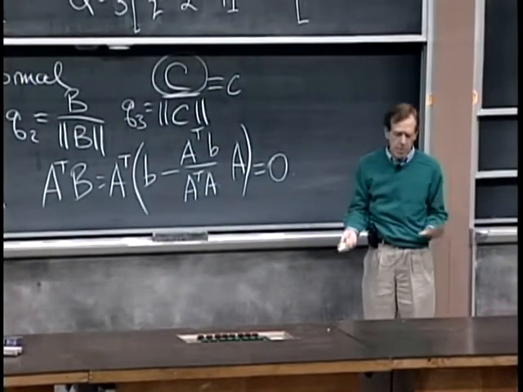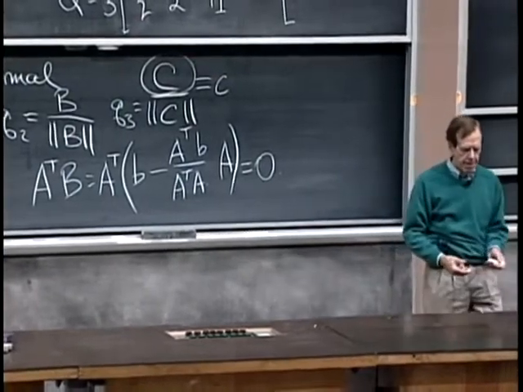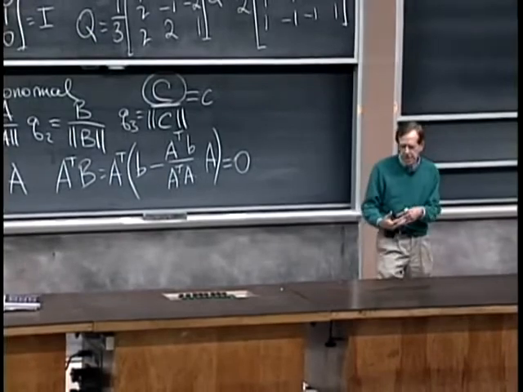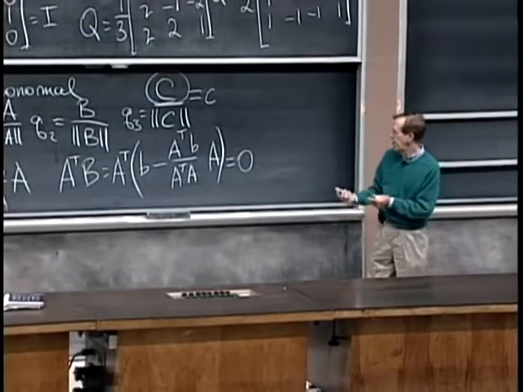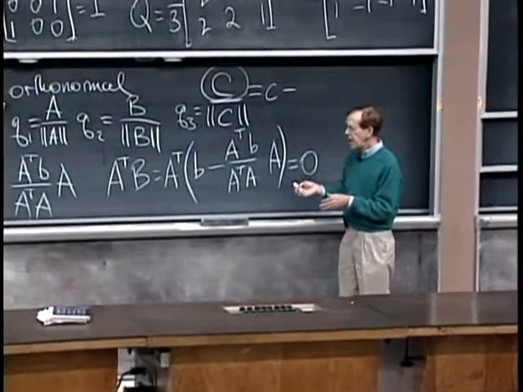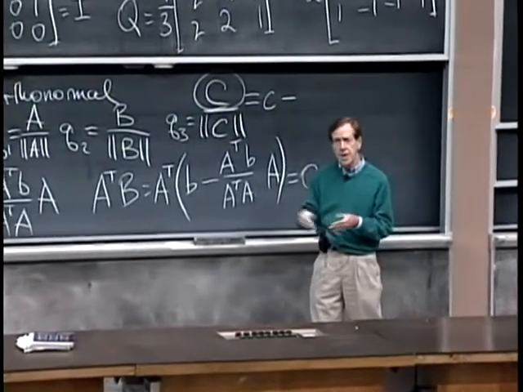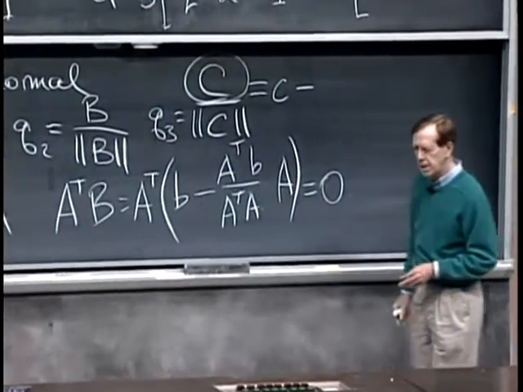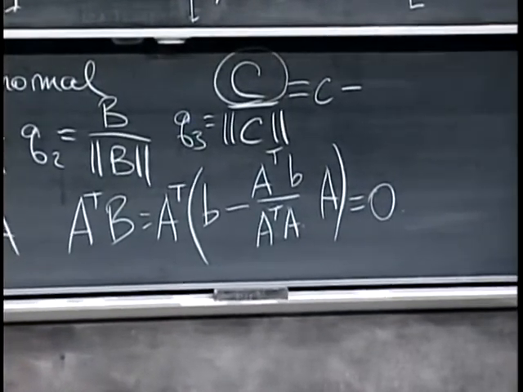I start with the vector I'm given, and I want to subtract off its components in the capital A and capital B directions. I just want to get those out of there.